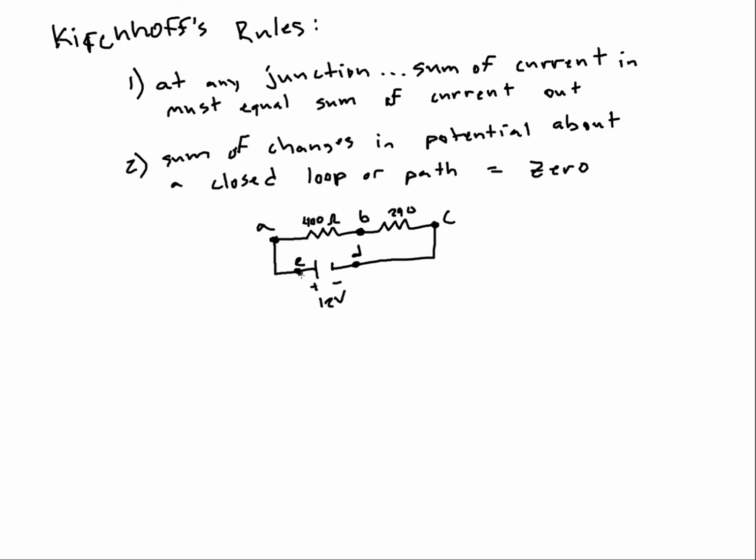So I've got E here, A, B, C, and D. And so if we look at the voltage potential change from E to A, well, nothing happens. So in other words, the voltage change from E to A is 0. Well, now let's look at VBA. In other words, the change from B to A.